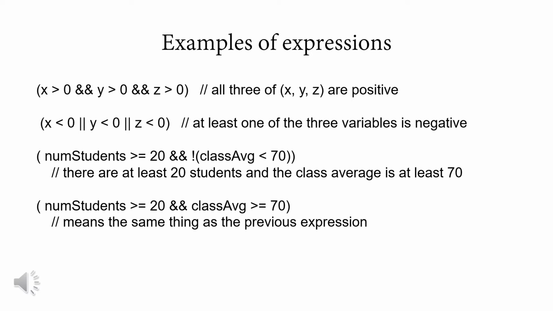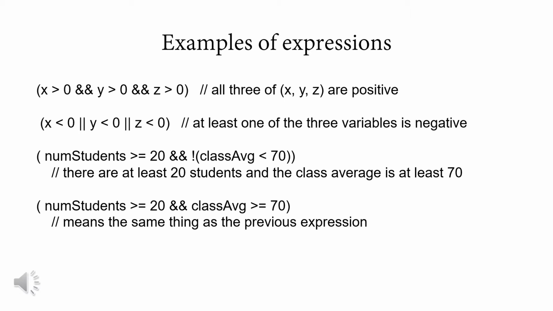In the next expression, it says x less than 0 or y less than 0 or z less than 0. So this expression is true when at least one of x, y, or z is less than 0.